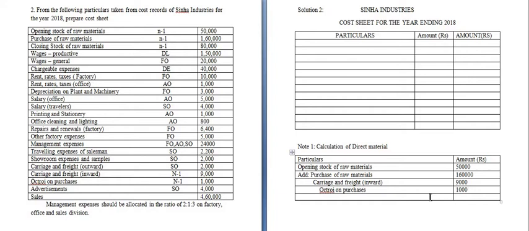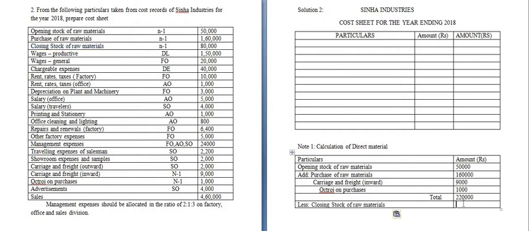Now make a total. Total of all these is 2,20,000. Next we will have to deduct closing stock of raw materials. It is given here, third point, closing stock of raw materials.